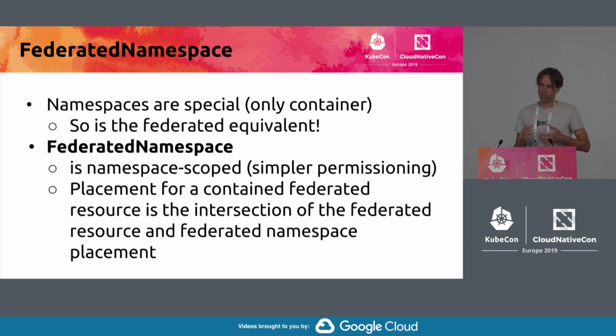You could also use it as a way of defining where the application goes by having every single federated resource in the namespace selecting all clusters, kind of the reverse of what I was talking about. And then the federated namespace placement actually would define which clusters that application was propagated to. And rather than having to manage placement on a per resource basis, you could actually do it on the basis of the namespace, which is arguably a lot simpler.